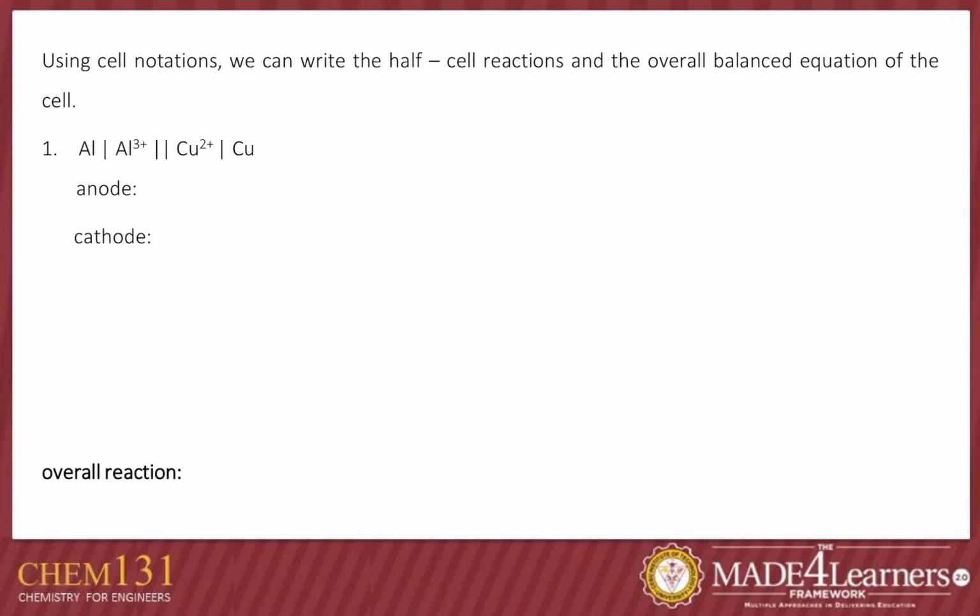Alright, so using cell notations, we can write the half reactions and the overall balanced equation of the cell. So, pwede sad nato balihon. So this time we are given the cell notation, and we can predict kung sa overall cell reaction based on this. So we can see, diba? We can see nga ang kani mo ni siyang sa anode ug kani siya mo na sa cathode.